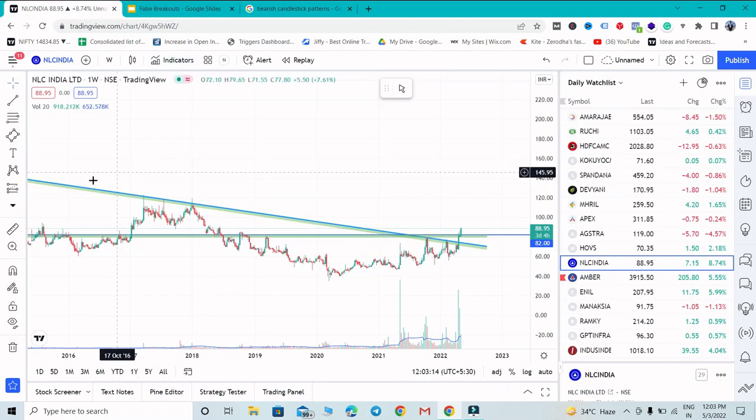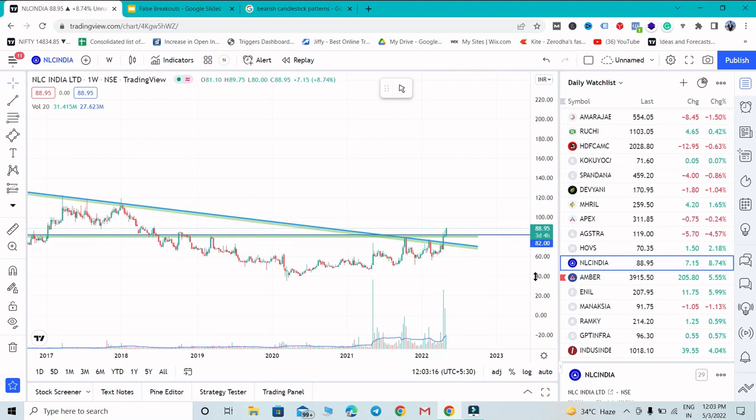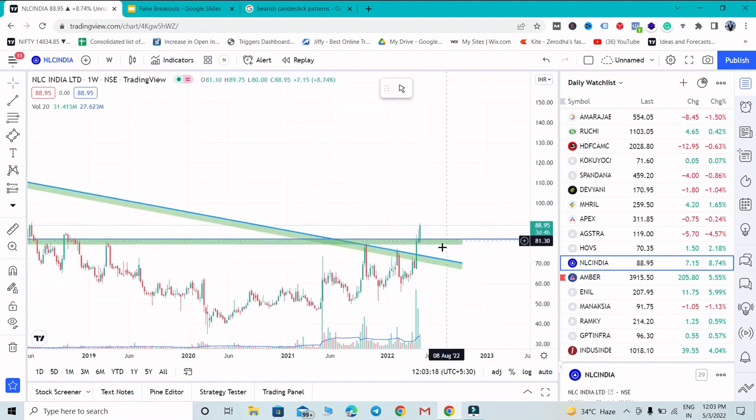So once the price breaks above the trend line resistance, somewhere here the breakout trader would enter, and the price tends to trend in the respective direction. If it has broken the resistance, it will trend up.